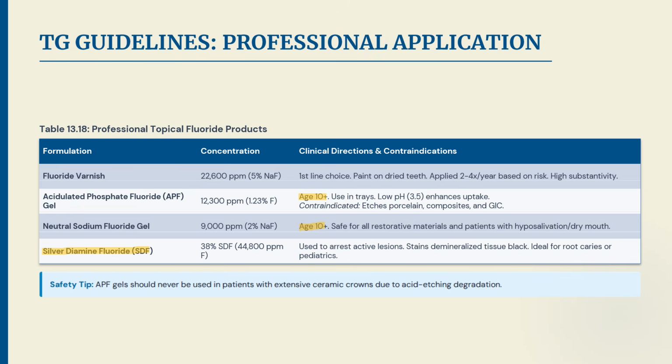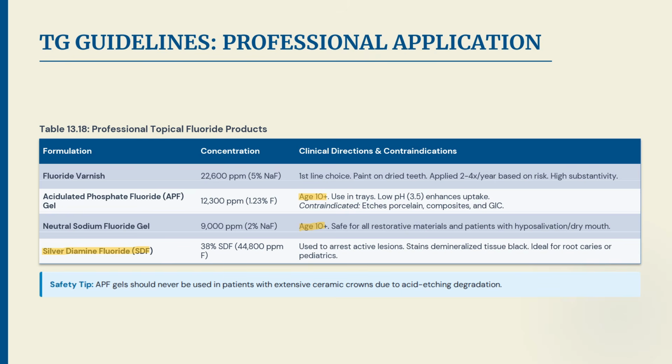Next one is silver diamine fluoride. We use this as 38% SDF or 44,800 ppm of fluoride. So this one is used to arrest active lesions. Stains demineralized tissue black, ideal for root caries or pediatrics.